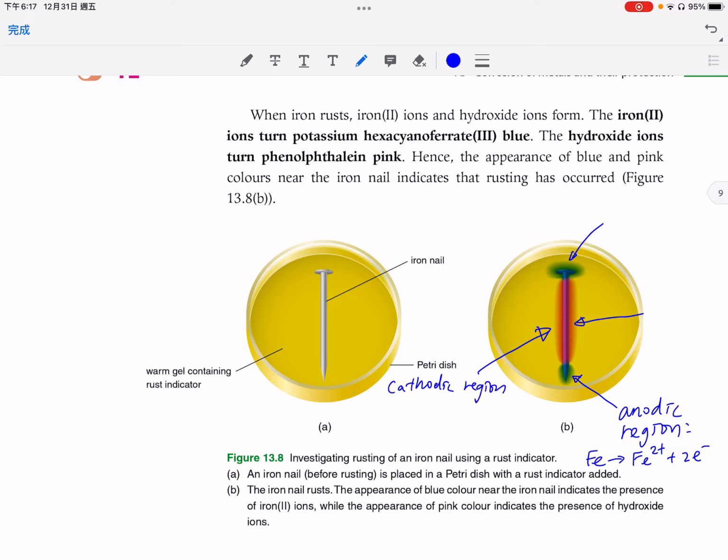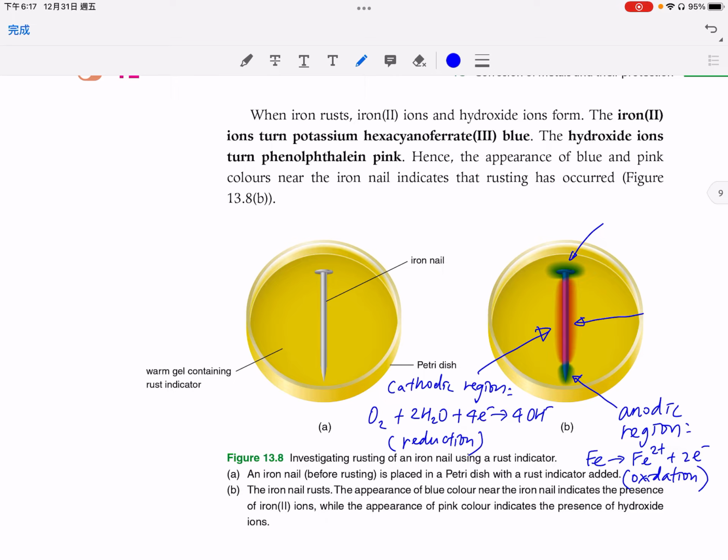Again, as I mentioned earlier, oxygen and water, both of them will take part to give the hydroxide ions. And of course, once again, what happened in the anodic region is an oxidation, while what happened in the cathodic region is a reduction.